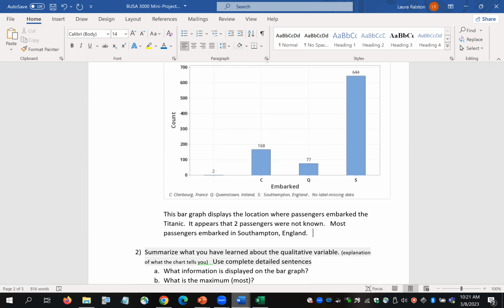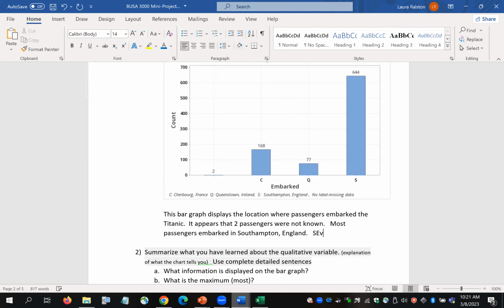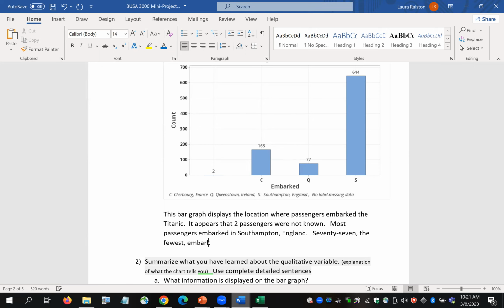Then we could say 77, the fewest, embarked in Queenstown, Ireland.